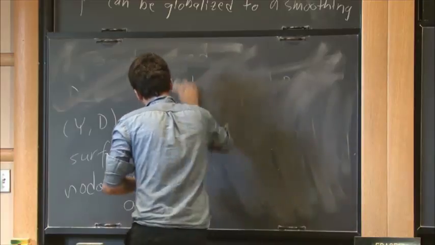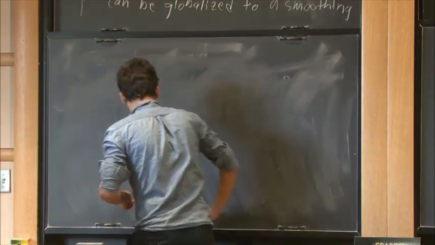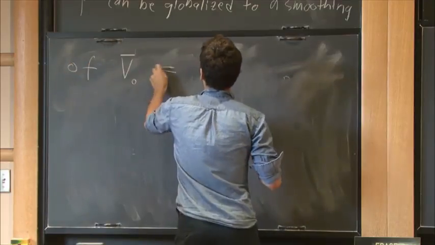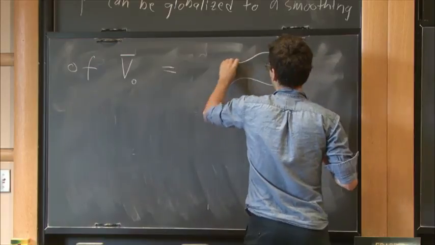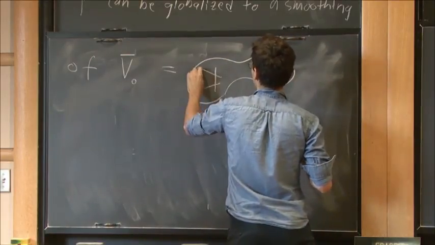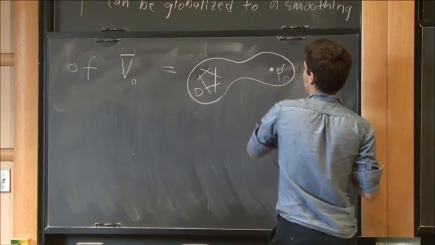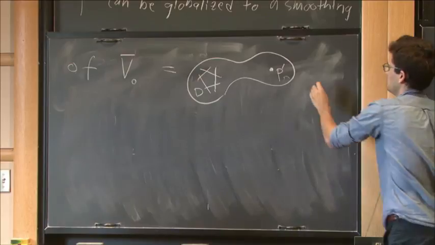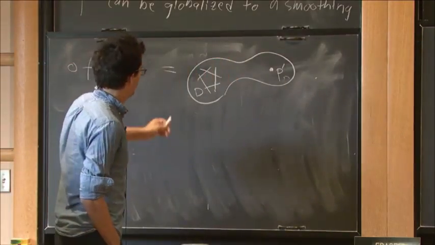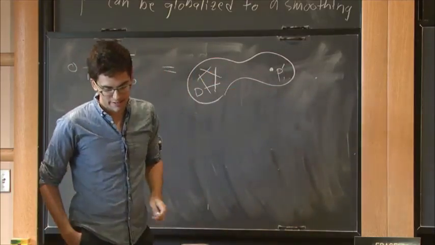So I'll just draw a picture of V naught bar, which equals the surface where I've contracted D over here, but I've just contracted P prime. And he did this by looking at the Kodaira-Spencer map associated to the contracted Hirzebruch-Jung surface.